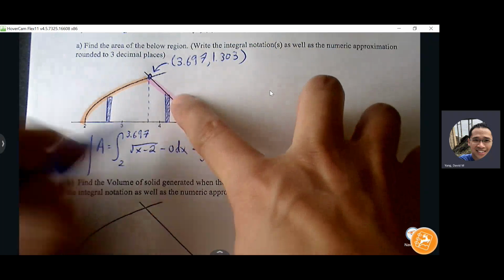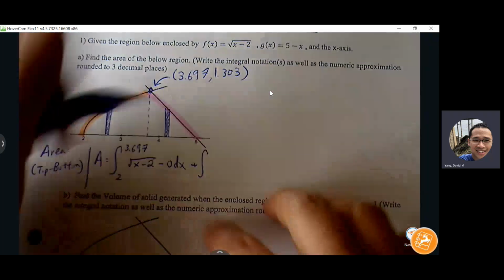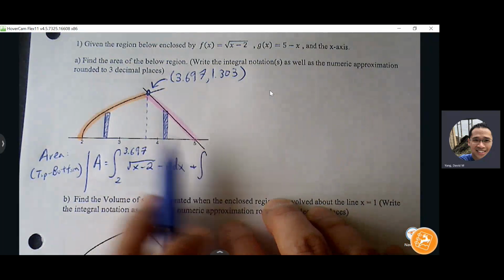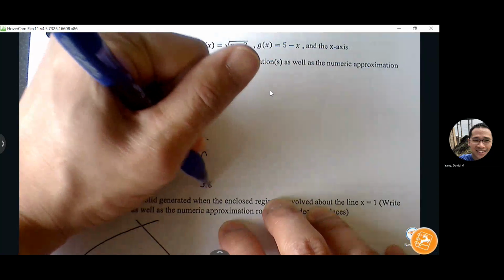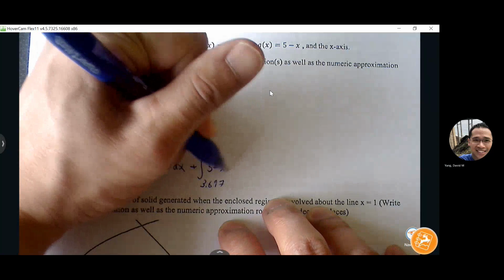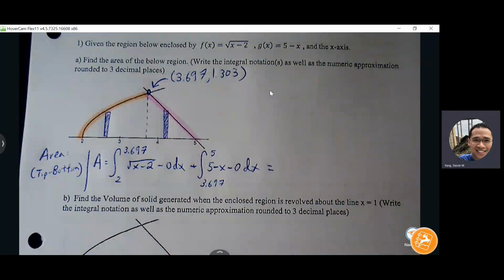Okay, top minus bottom here. The top of the second rectangle is hitting the line, 5 minus x, and we're going from 3.697 to 5. The rest is just calculator work.